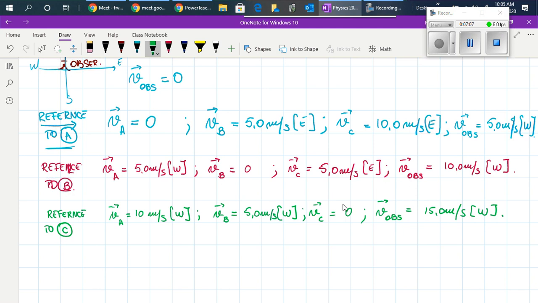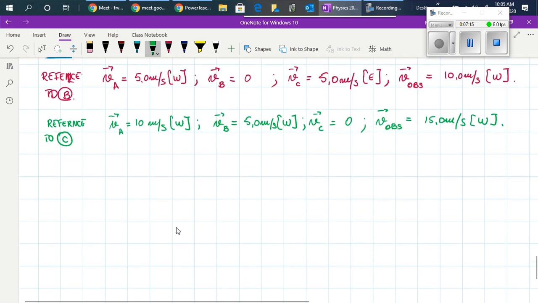Good. So this is the first type of question that you will see in relative motion. The second type of question is known as the river question.